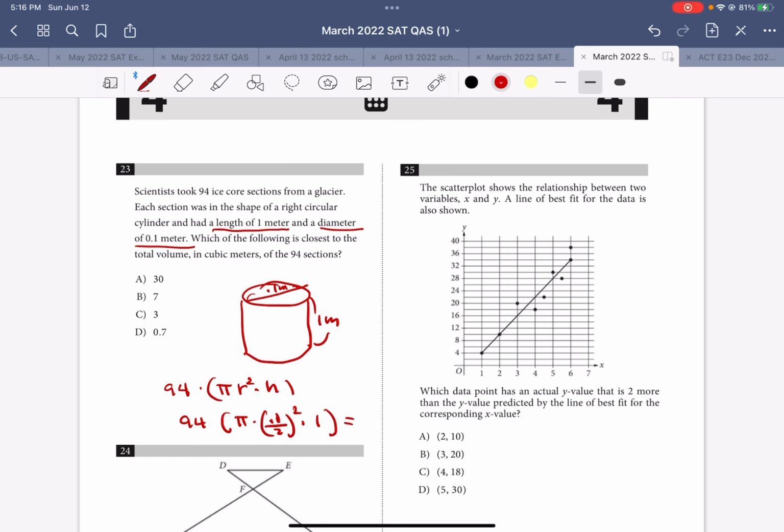If you don't have a pi button, you can plug in 3.14 or 22 over 7. Make sure you divide by 4, because 0.1 over 2 squared is 0.1 squared over 4. I got around 0.7, nearly some tenths. So it should be this.